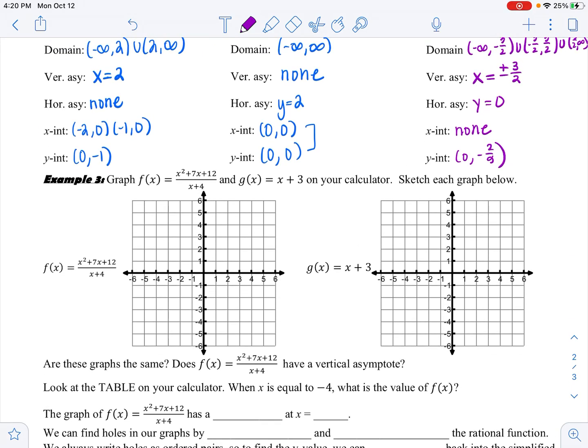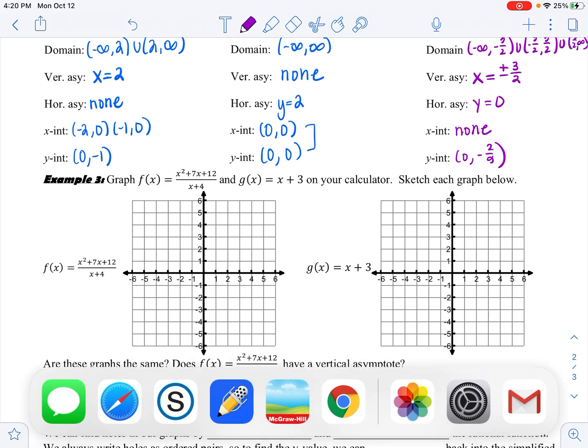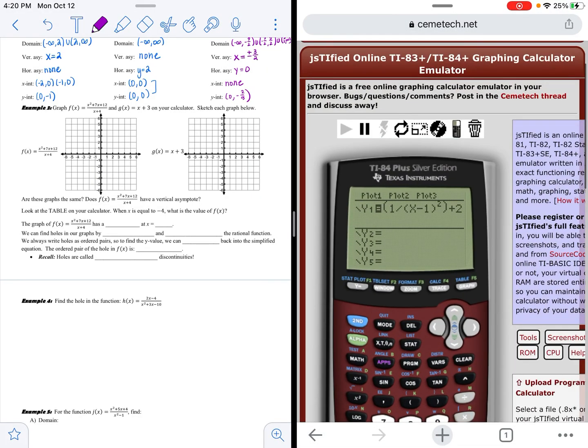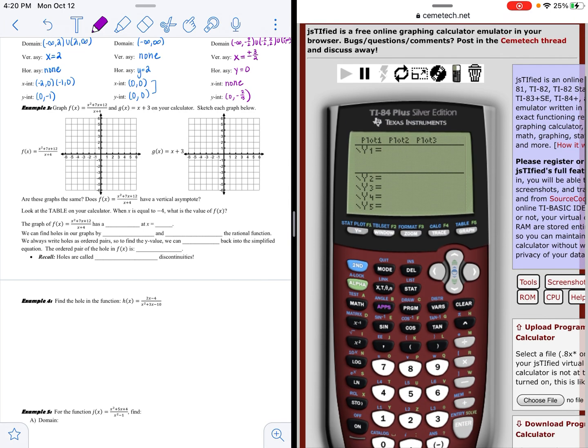So now we're going to say, okay, let's explore something really quickly. I want to graph f of x equals x squared plus 7x plus 12 divided by x plus 3, and then also graph g of x equals x plus 3 in my calculator. I want to sketch both, okay? So let me pull my calculator back up here. I'm going to clear this out.